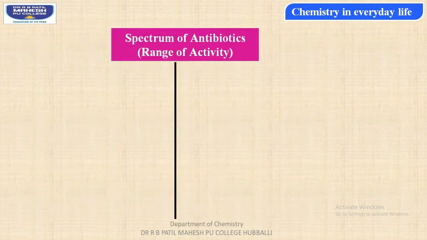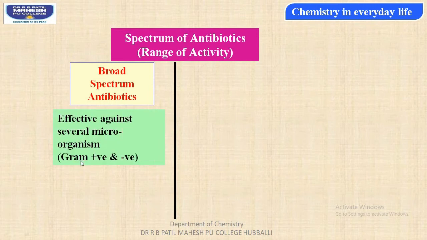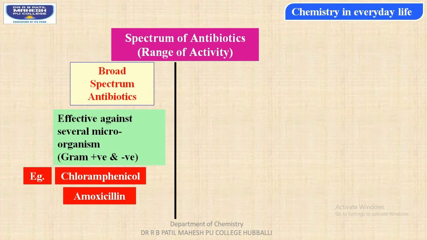Now students, let us understand the spectrum of antibiotics, range of activity. The first one is the broad spectrum antibiotics. These antibiotics, students, are effective against several microorganisms, including both gram-positive as well as gram-negative bacteria. For example, chloramphenicol and amoxicillin.